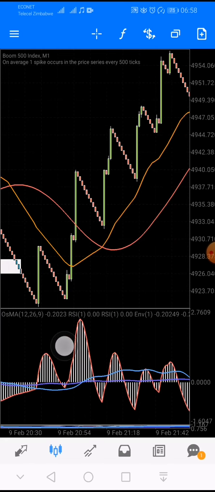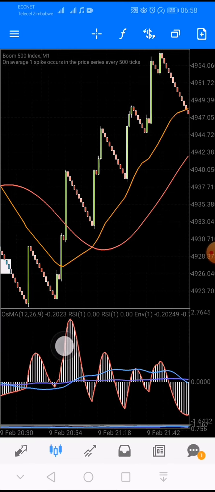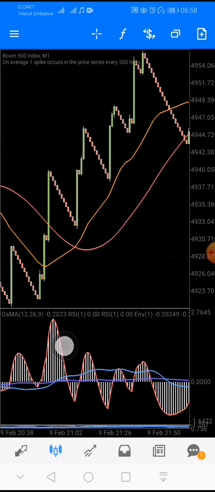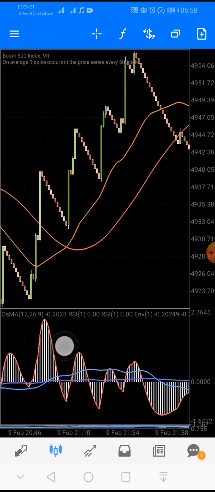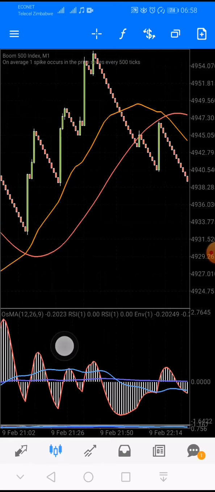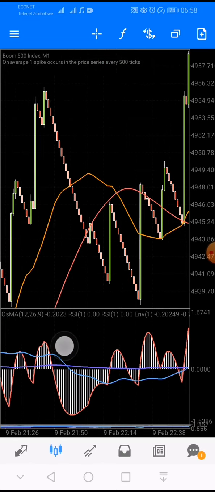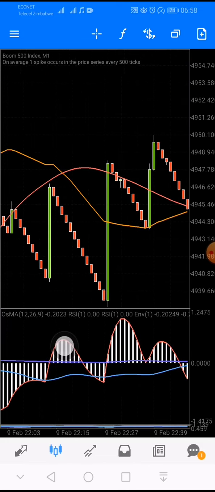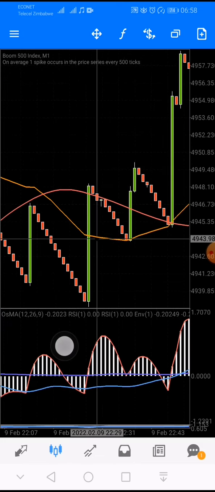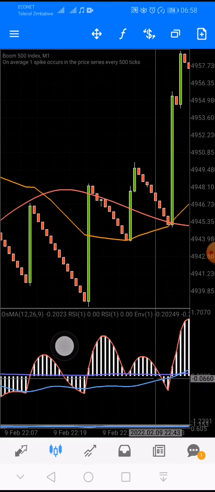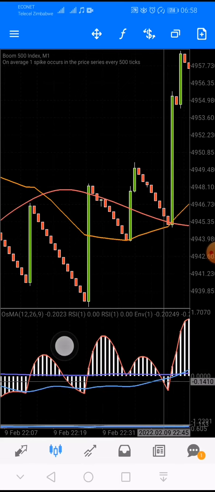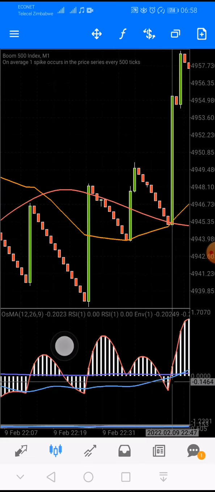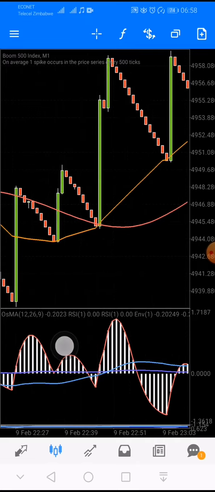And still going up. And you can see this one was an early entry. It spiked early. And the setup was like 2-3 minutes away from completion, and it spiked early.